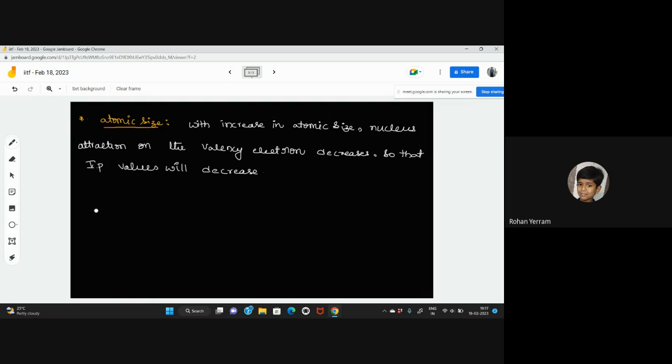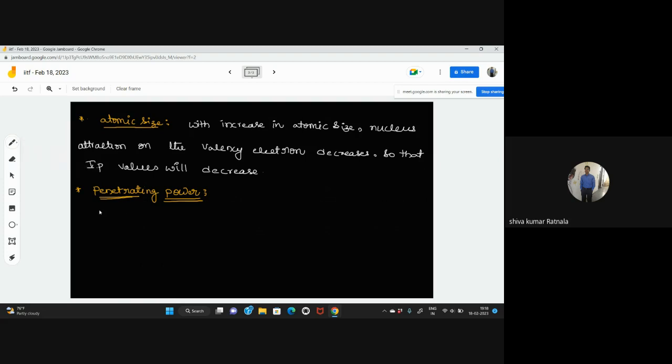Next. The next parameter is penetrating power. Penetrating means rushing into. So which is nearby?